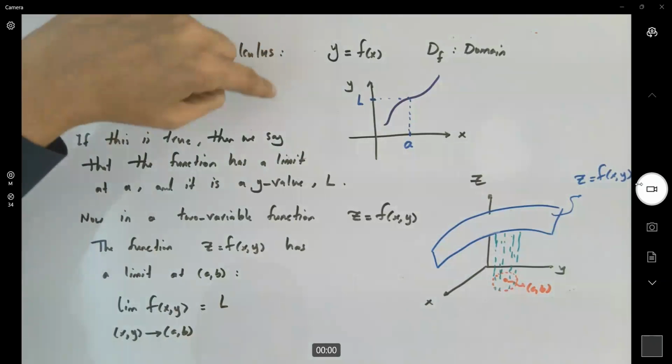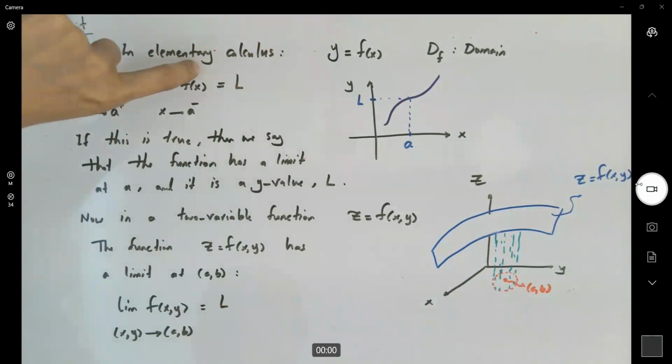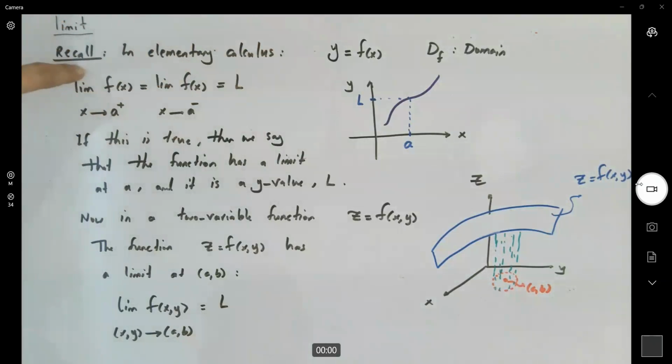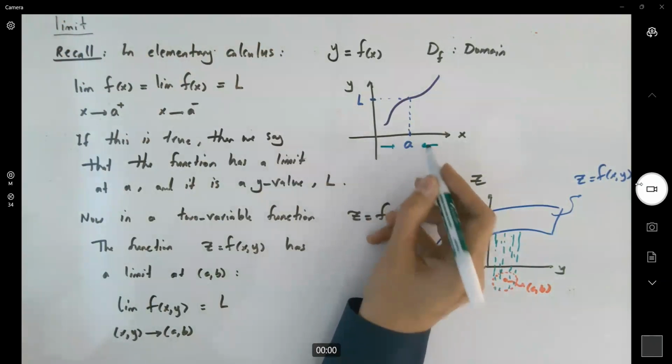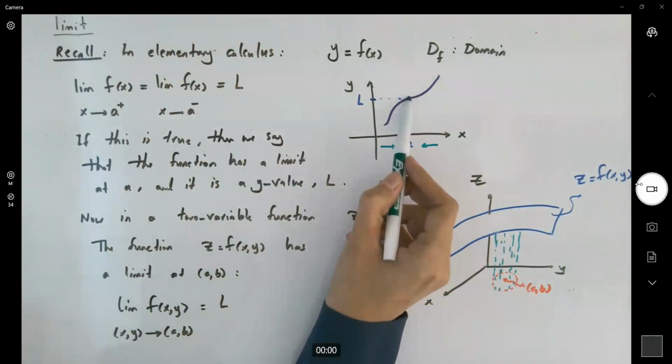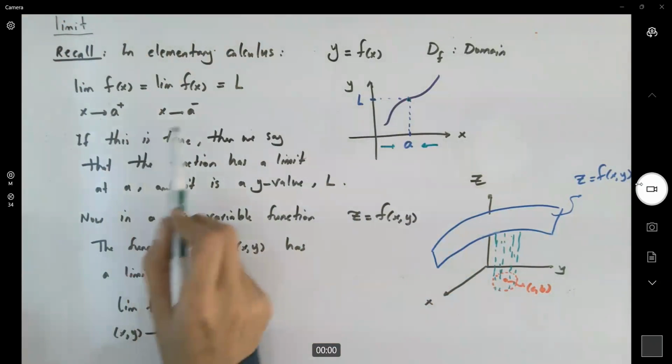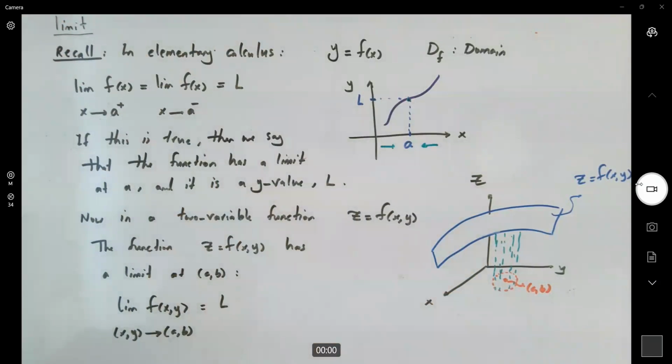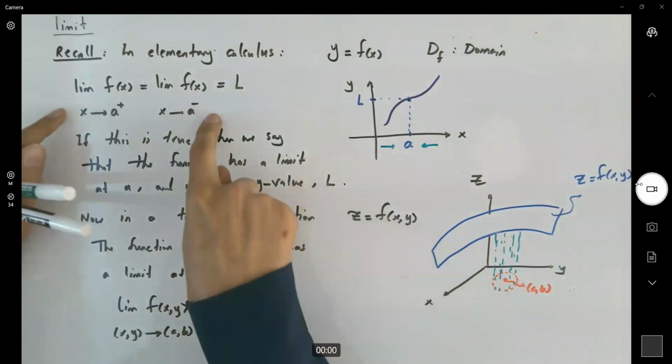But remember that when it comes to a function in 2 dimensions, you have 2 directions to approach a, from left and from right. If the right limit and left limit are the same value, then you say that the function has a limit. But when it comes to 3 dimensions, you don't have 2 directions.